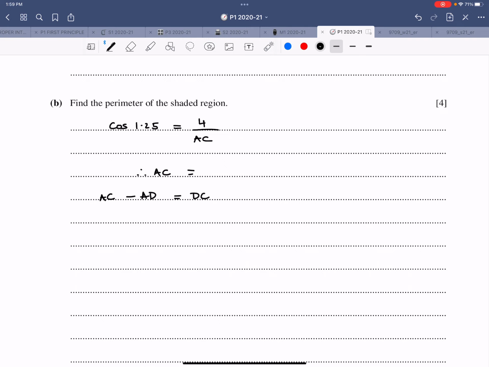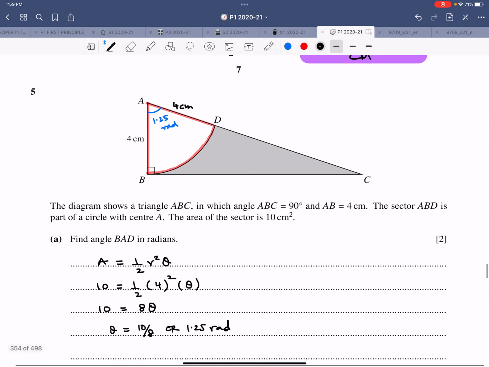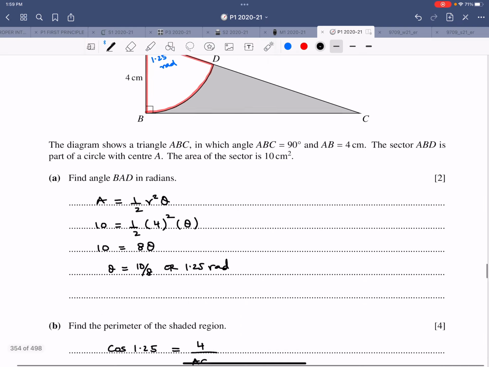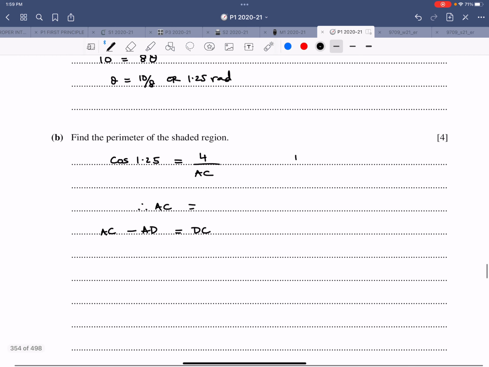Let me use the calculator in a short while. Can I use tangent to find BC? Yes, tangent of 1.25 is BC divided by 4. Hence you will find the value of BC.